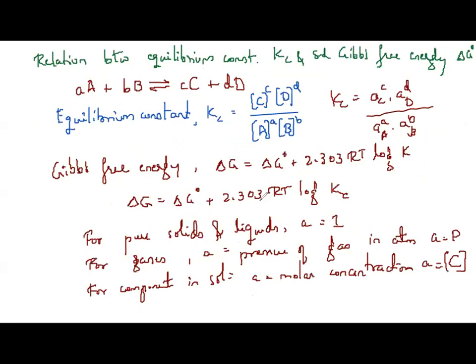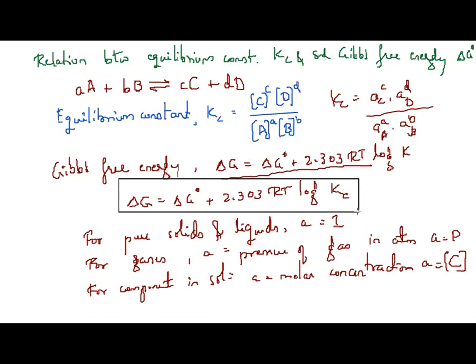And then lastly, we have seen the relationship between equilibrium constant Kc and standard Gibbs free energy. So the equation is taken like this. For equilibrium constant involved, we write delta G is equal to delta G naught plus 2.303 RT log Kc, where Kc is the equilibrium constant.